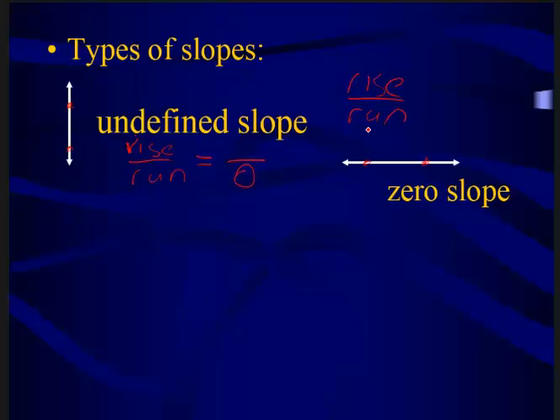Did I go up and down at all to get from the first point to the second point? No. So that's a 0 as my rise. And then no matter what number I put down here, I could put a 5 and that's still going to equal 0. I could put a 10 and that's still going to equal 0. I could put a -3, that's still going to equal 0. So anytime you have a horizontal line, your slope is going to be 0.